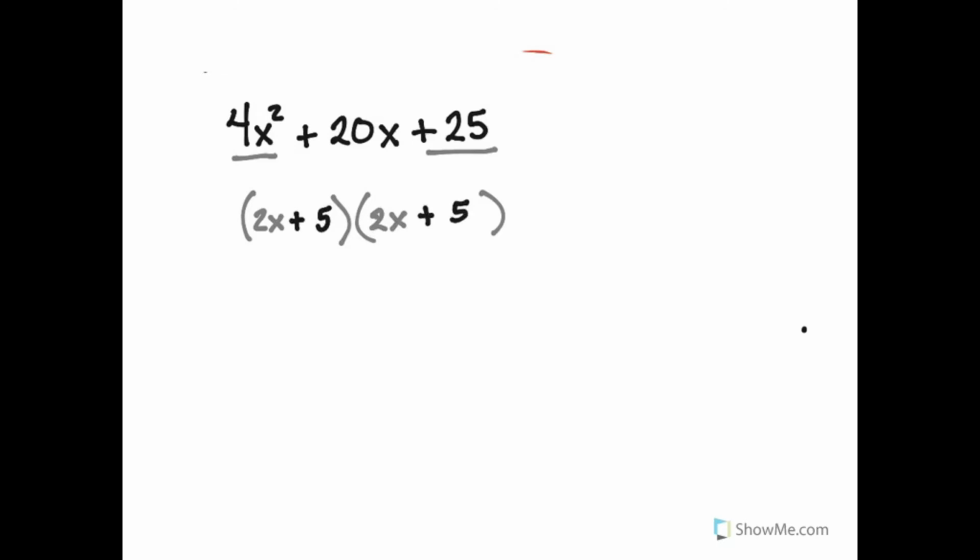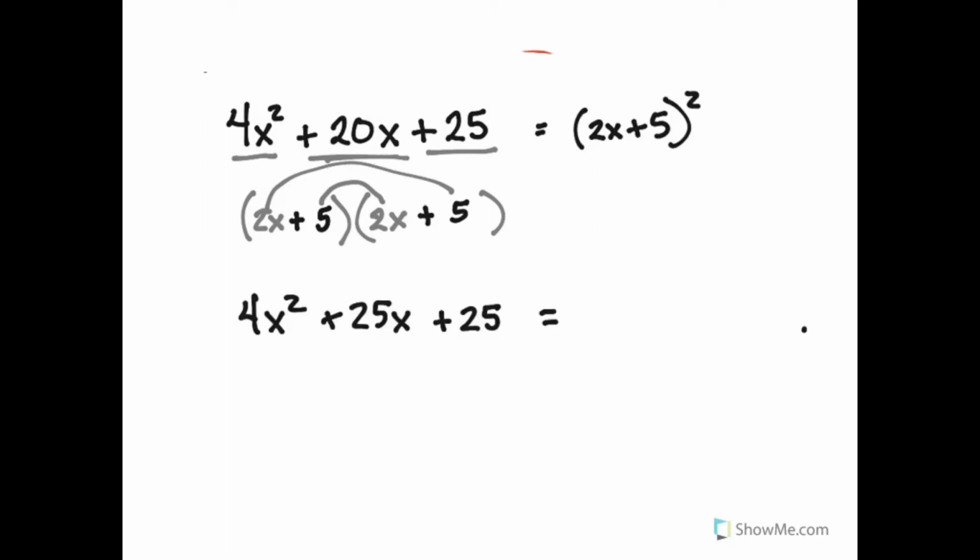Everything has a plus. So what I need to do is check the middle term. 5 times 2x is 10x, and there's another 5 times 2x. It is 20x. So this factors to 2x plus 5 squared.